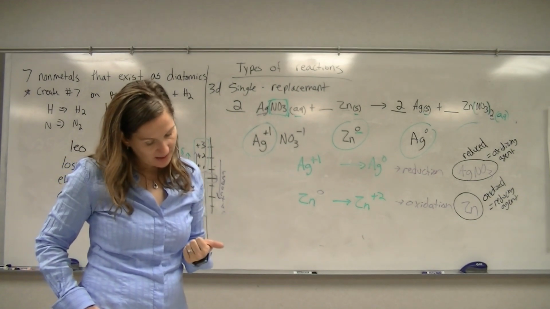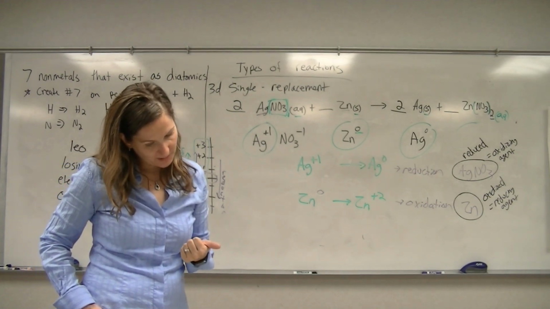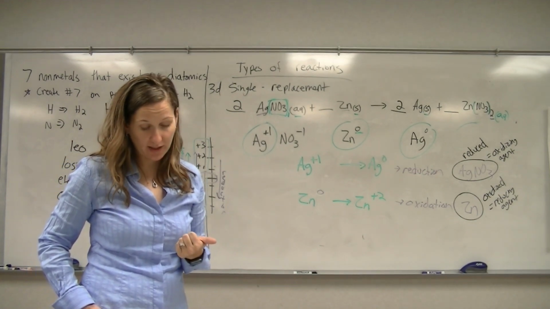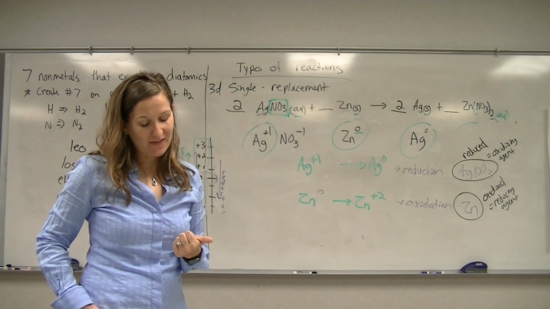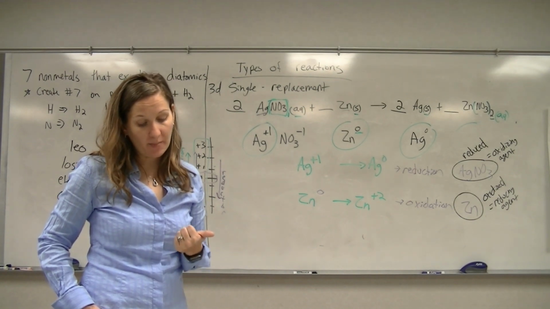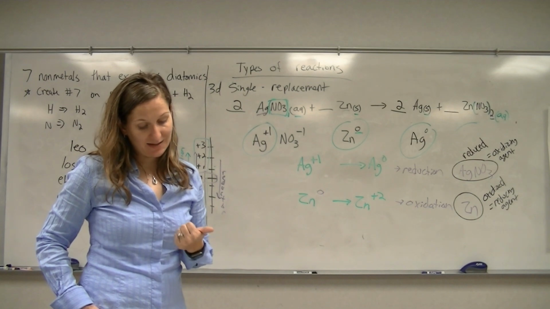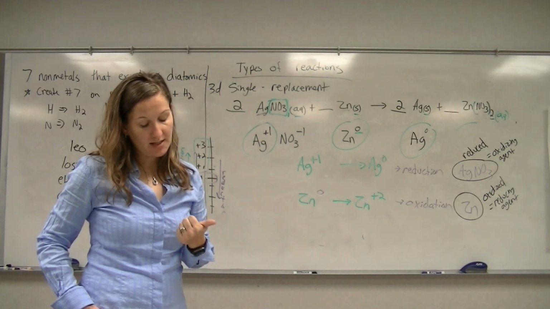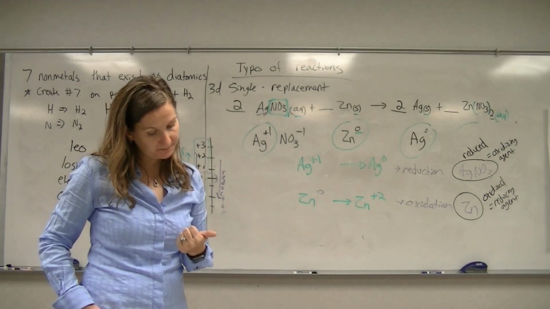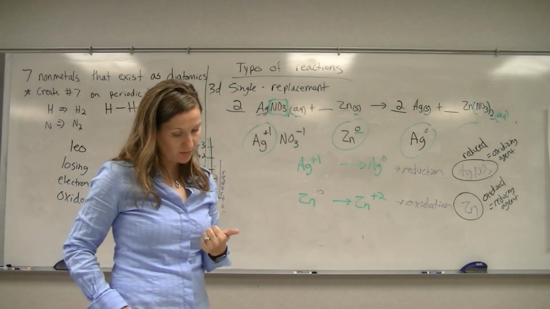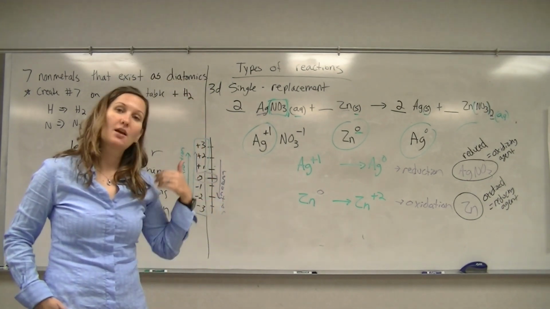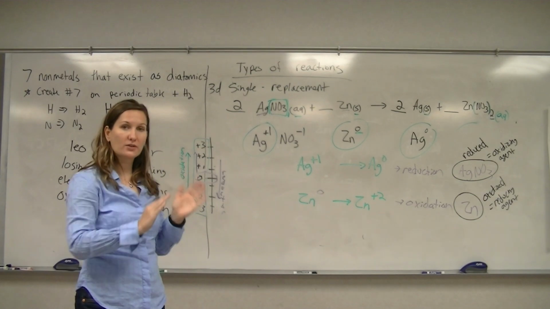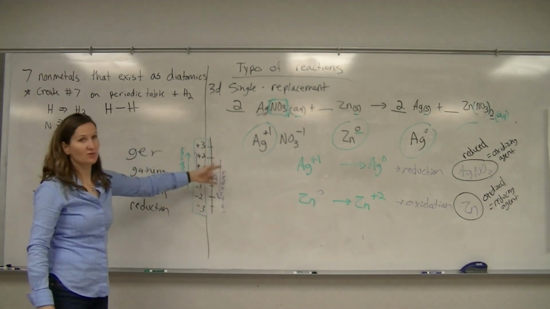Part C is similar. That one is magnesium with hydrochloric acid. So you have an element by itself reacting with a compound. That is going to be a single replacement reaction. It's also a redox reaction, so you're going to have to list the oxidation states and figure out which one was oxidized and which one was reduced.